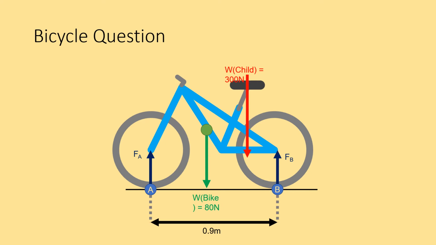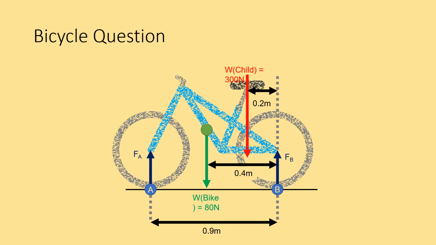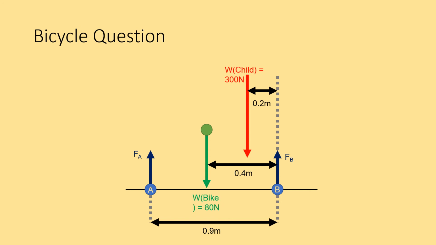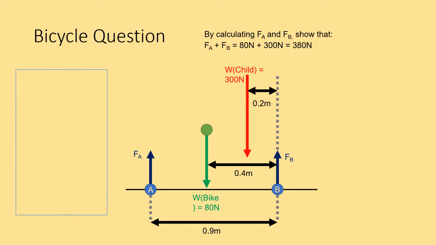We know, we're given that the points are 0.9 meters apart, and the child is 0.2 meters away from point B, and that point B and the center of mass of the bike is at 0.4 meters from point B. So let's take away the bike itself and let's look at just these three bodies. Okay, so we can calculate force A and force B. As I say, force A plus force B must be 380 newtons.